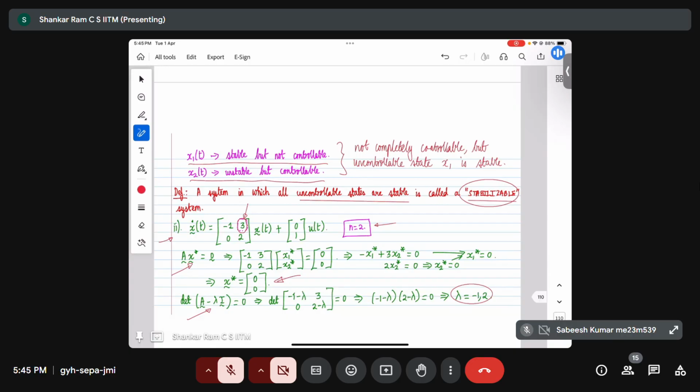If I want to calculate the inverse of a diagonal matrix, what is its inverse? Reciprocal only. It is only the inverses of the individual elements. That's it. So what I'm trying to convey is that the computations become simpler.